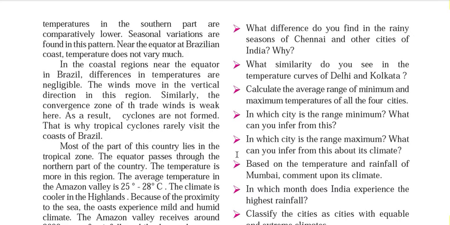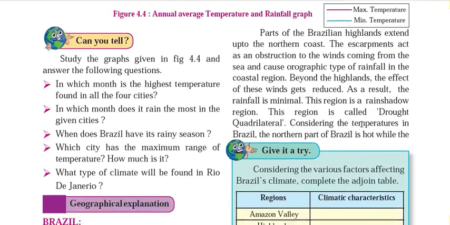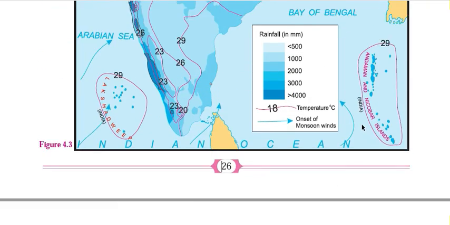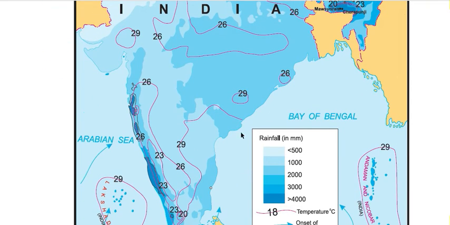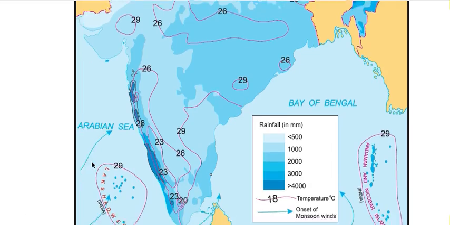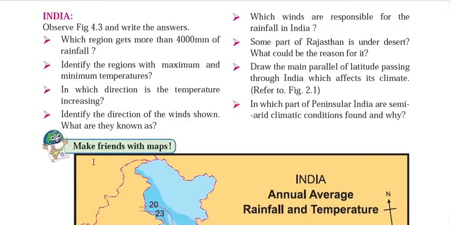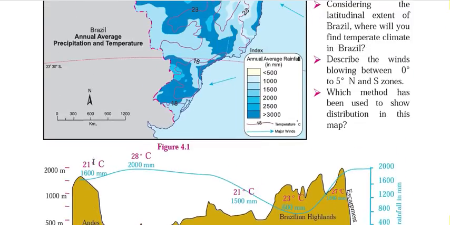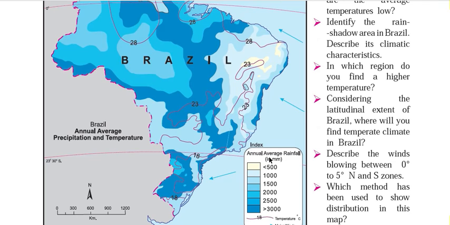So, this is a very interesting fact they have mentioned over here. If you consider the coast of Brazil versus the coast of India, you will find many cyclones occur in the Bay of Bengal as well as in the Arabian Sea. But near the Brazilian coast there is no formation of cyclones, because the temperature difference is minimum.